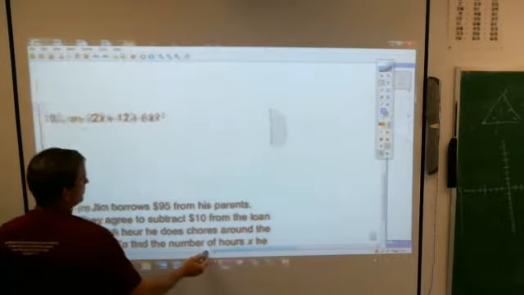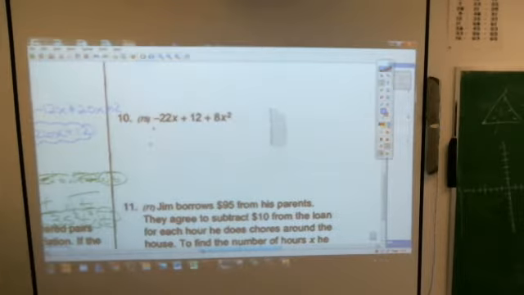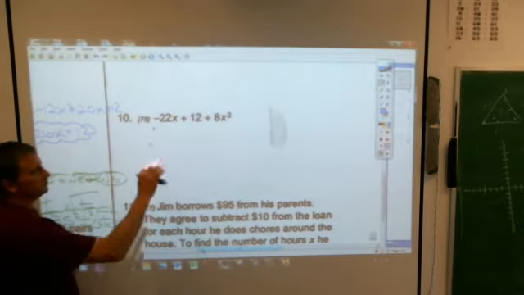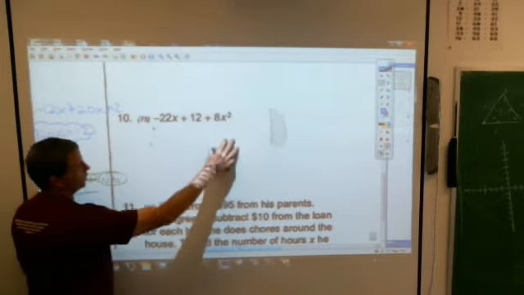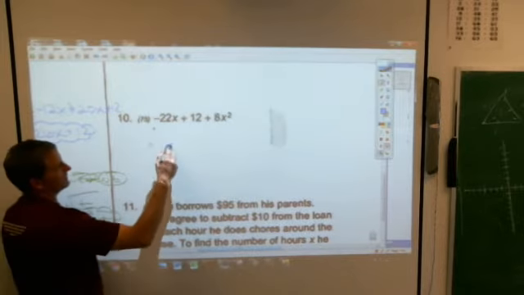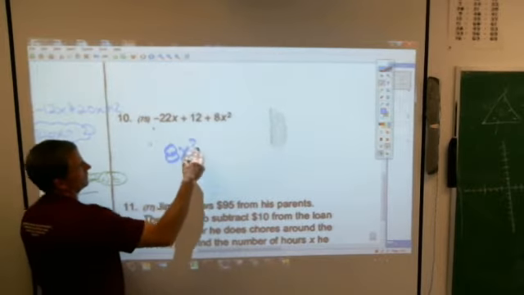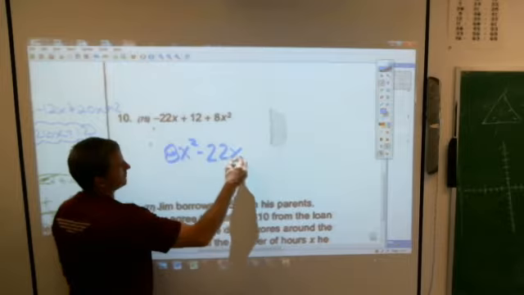Okay, you want every problem? What does it say to do, factor? Yes. Again, factoring. Please, you need to put it in descending order, highest degree to lowest degree. So you're going to want to do this: 8x squared minus 22x plus 12.